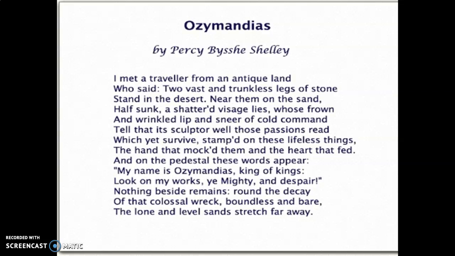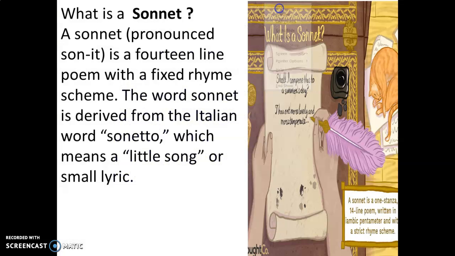The whole desert was boundless, without any measure, and bare, because there was not a single building on top of that sand. The lone and level sand stretched far away. The lone and level sand, it was all surrounded by sand.